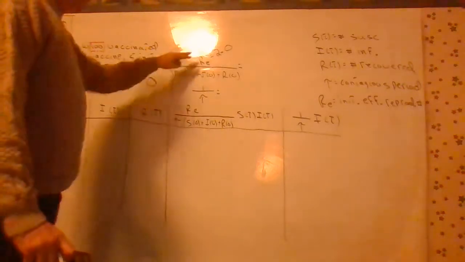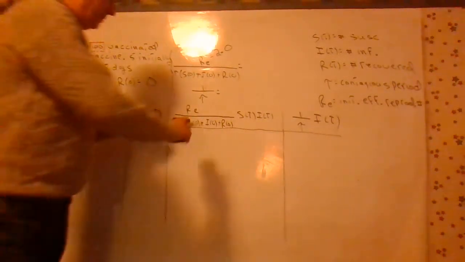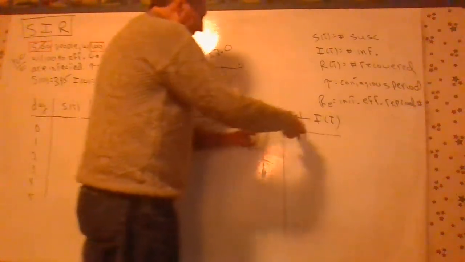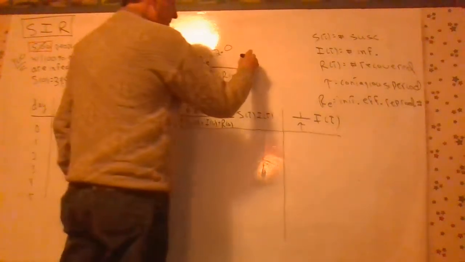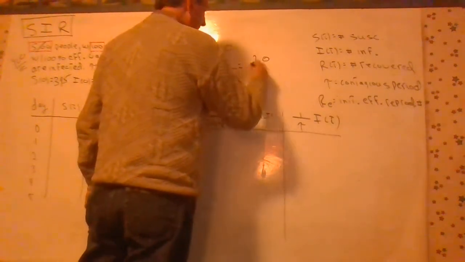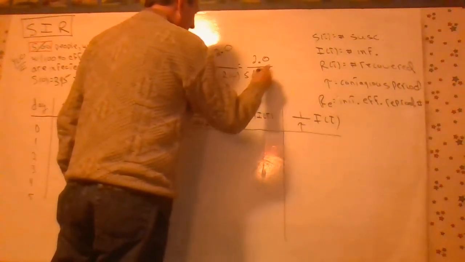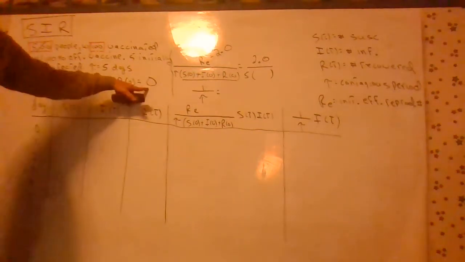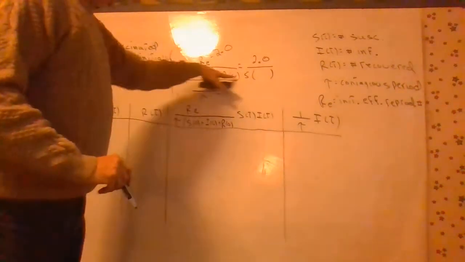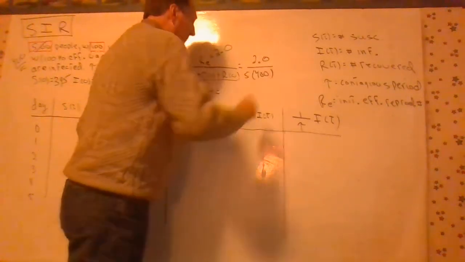Well, the first thing we want to do is calculate these coefficients. We use these coefficients in our model. It's nice to have a decimal here and a decimal here. It just expedites things. So this is going to be 2.0 divided by tau, which is 5, times the initial state of affairs, 395 and 5 and 0. This is always the total population, so that's 400.